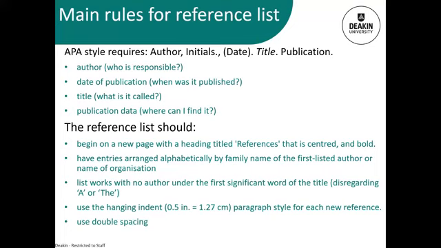You will arrange those sources in alphabetical order without numbers or bullet points, and you'll use what's called the hanging indent paragraph style and double spacing. The Deakin APA guide has a sample reference list, as a visual, just to get an idea of how to present that source information.